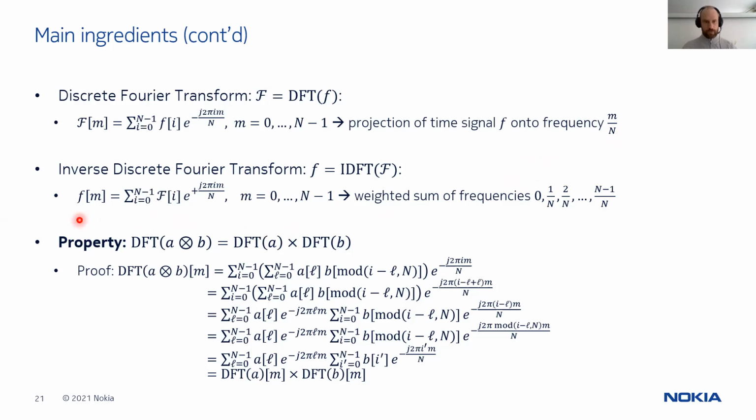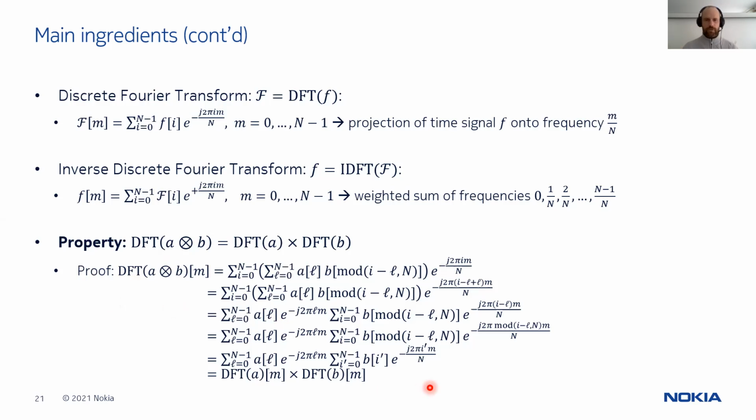Because we do like this property: the DFT of the circular convolution of two signals is the product of the two DFTs. I just put the proof here because I wanted to prove it myself, and then I left it there.